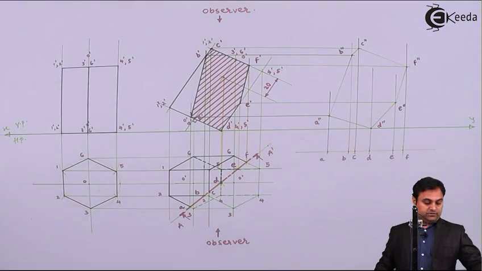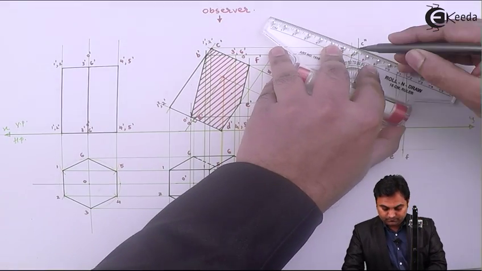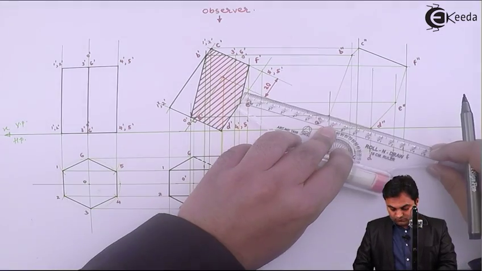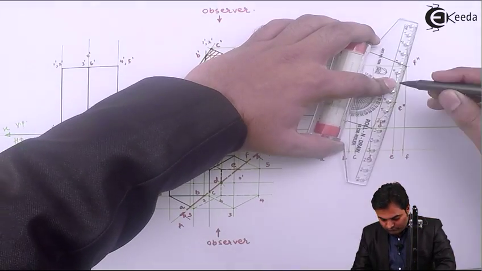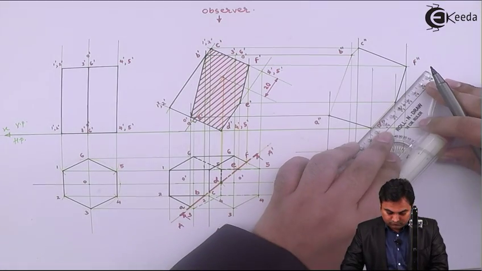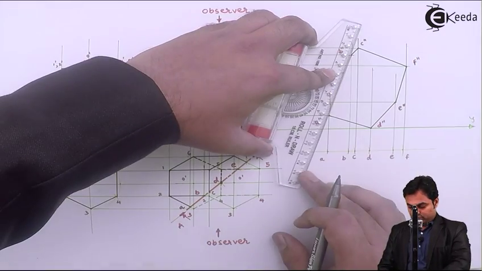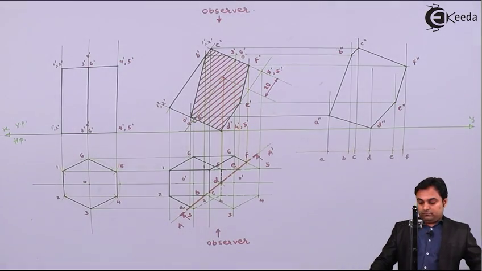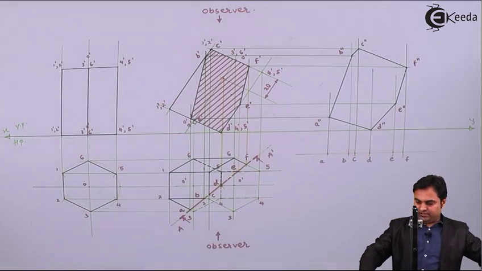Now I'll make it dark. Then drawing the section lines through it. Now drawing those section lines.